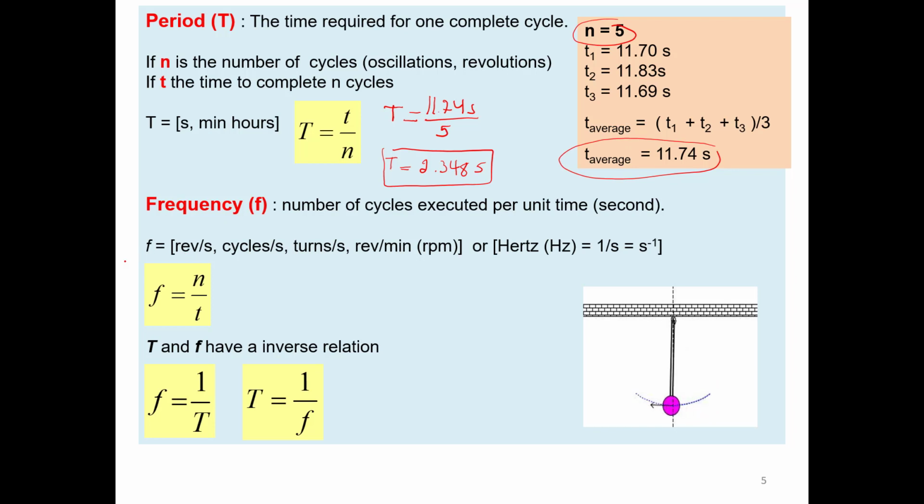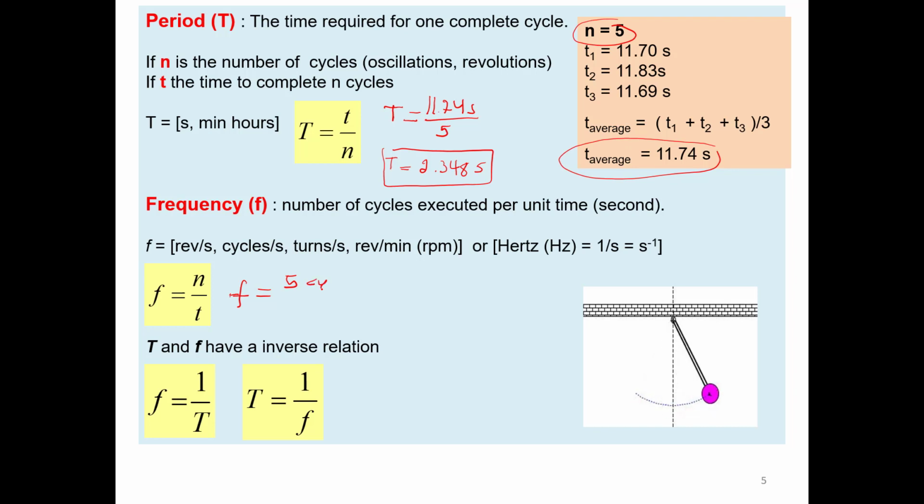To calculate that, we divide the number of cycles by the total time. In this case, because we already know the time for 5 cycles, we can calculate the frequency.